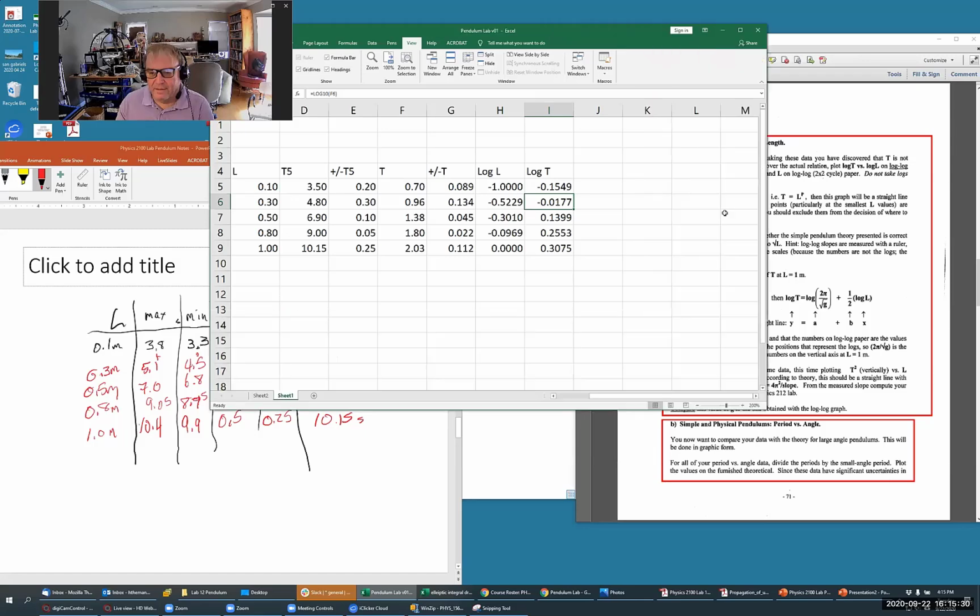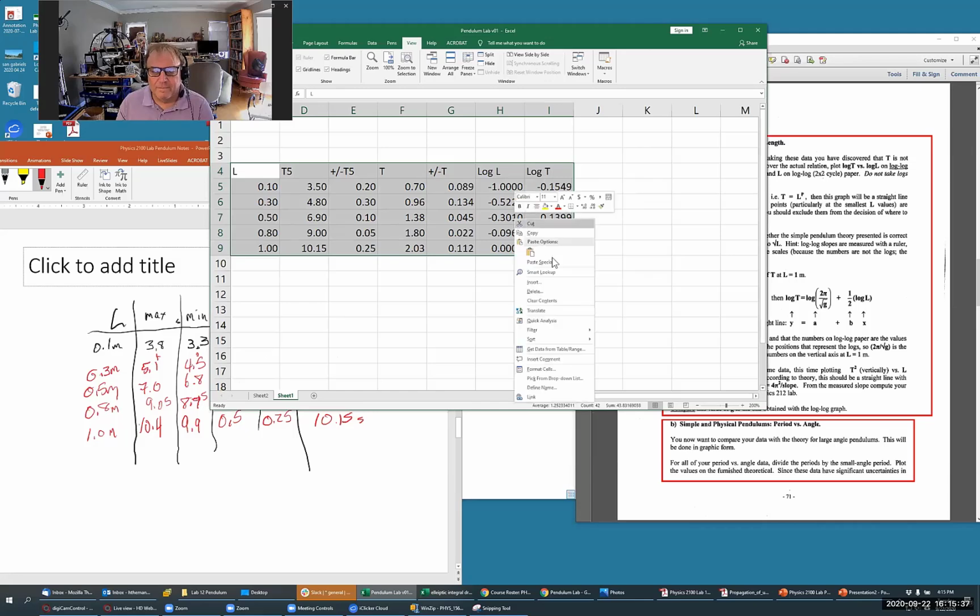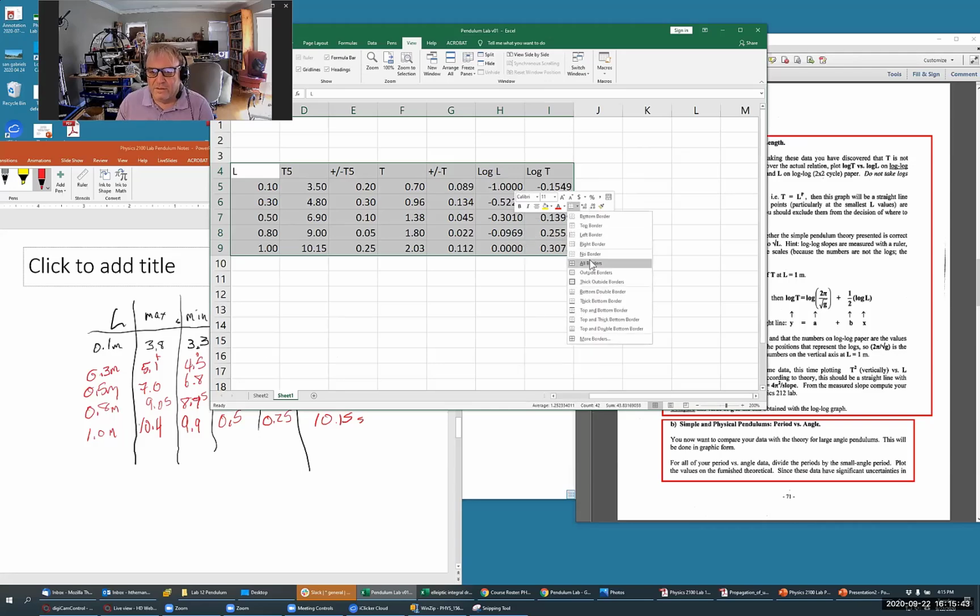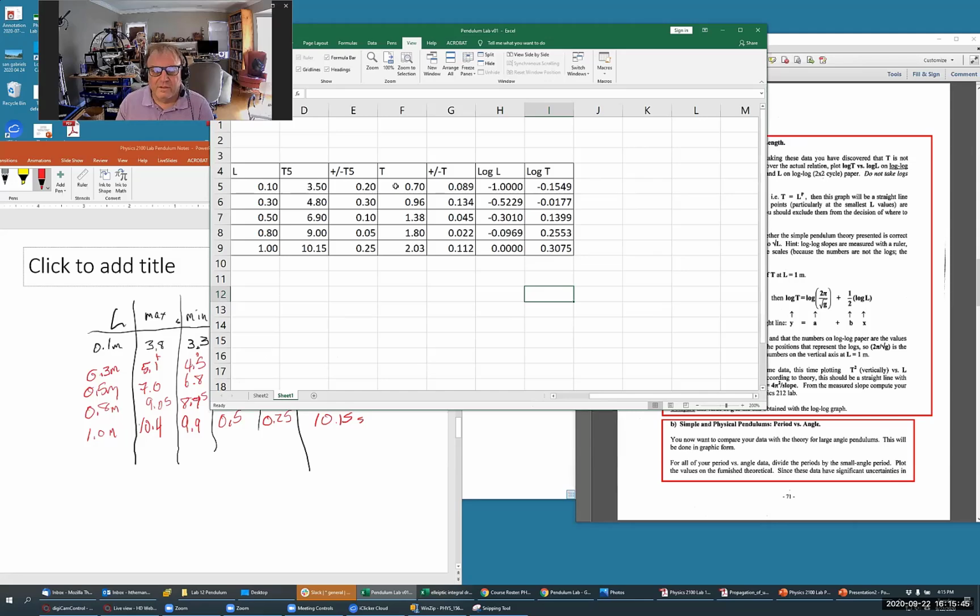Now, let's make it look pretty. All borders. Right. So it's T5. I just took the T5 value and divided by 5.